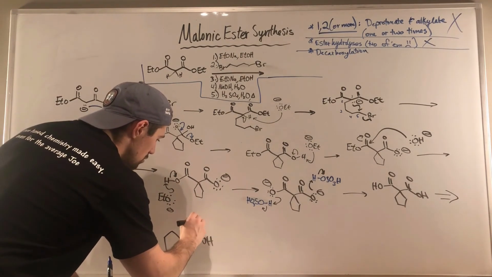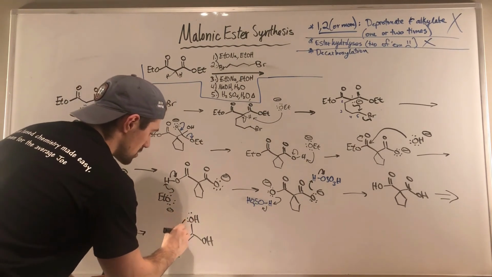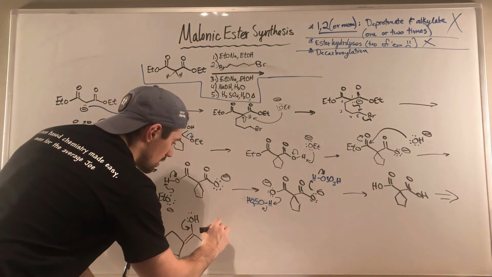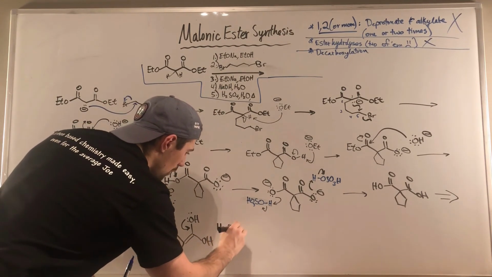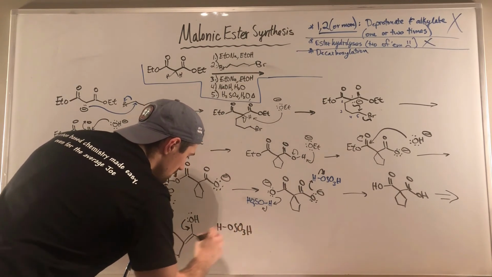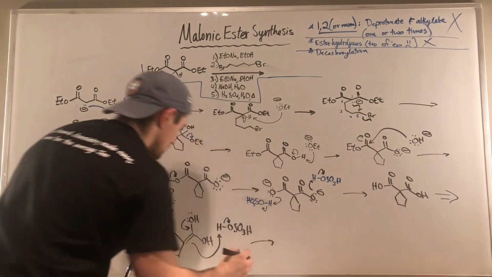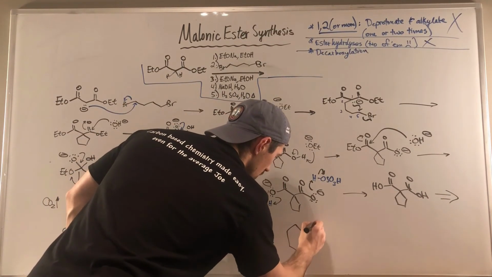So the way I like to show it is these electrons swing down, reform the carbonyl carbon. That bond has to go somewhere or else it will break the octet rule. Enter in sulfuric acid to help us out. So we reform the carbonyl.